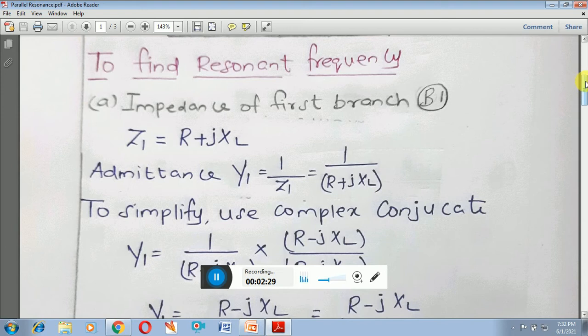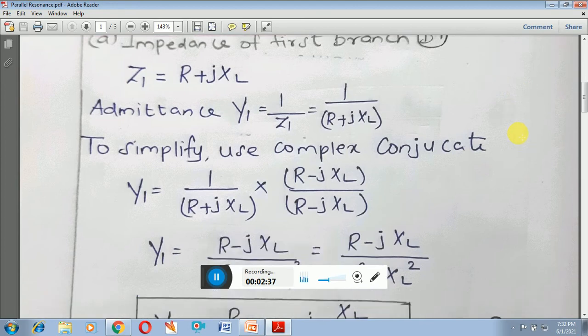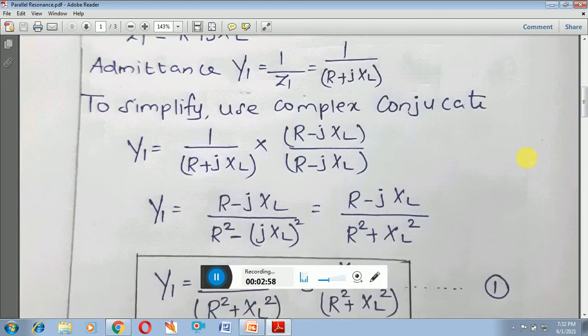Now in the next step we are going to simplify this admittance expression. Y1 is equal to 1 by R plus jXL; taking the complex conjugate, you multiply and divide by R minus j XL in both numerator and denominator. Now you get Y1 equal to R minus j XL divided by R squared minus j squared XL squared.